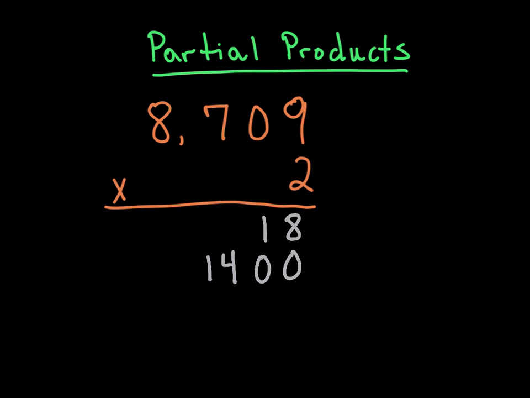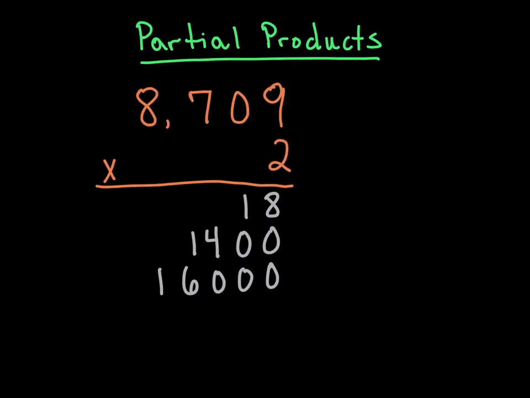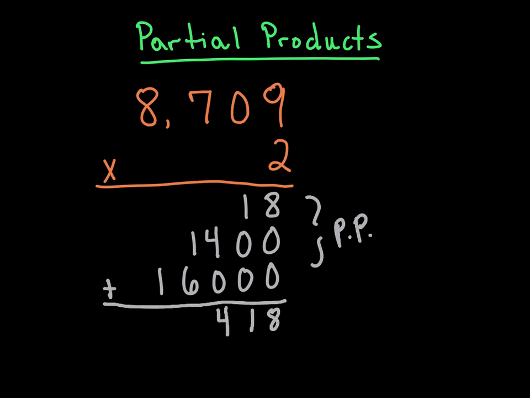And we have 8,000 times 2, so 8,000 times 2 is 16,000. And these are partial products. And what do we do with partial products? We add them. 8 ones, 1 ten, 400, 7,000, and 1 ten-thousand. So we got 17,418.